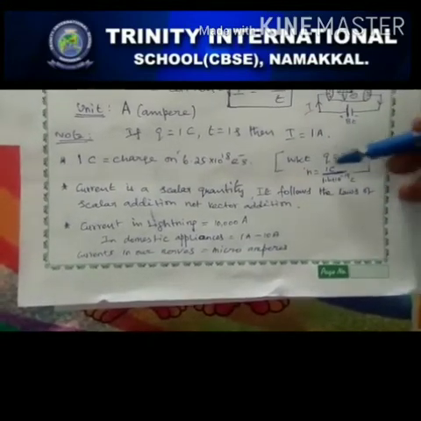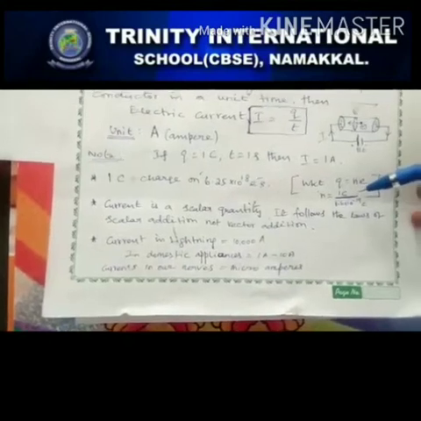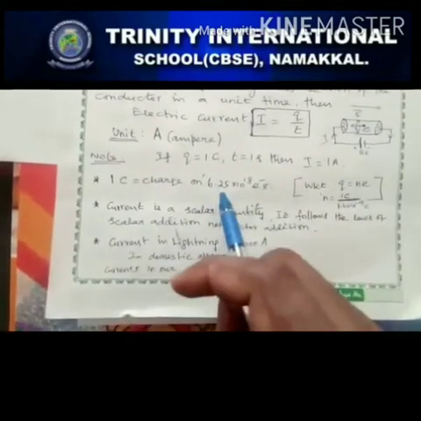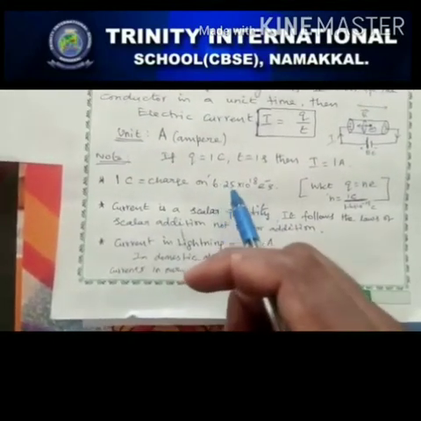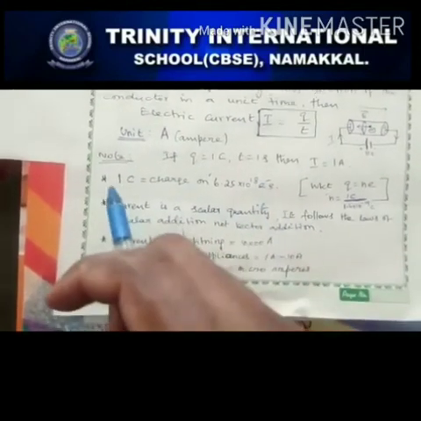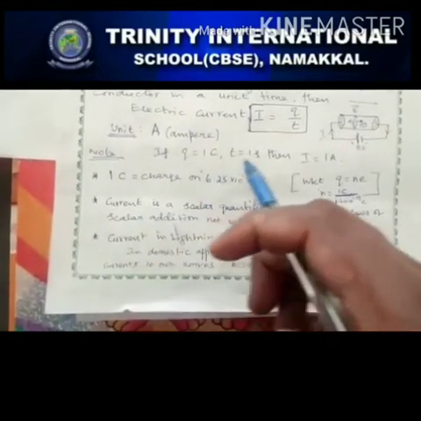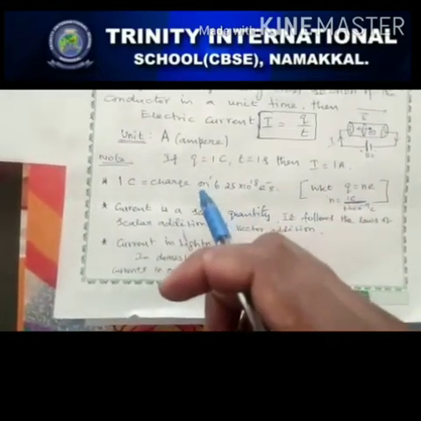Using this equation we can find that 1 coulomb of charge contains 6.25 into 10 power 18 electrons. So 1 coulomb equals the charge of this many electrons.